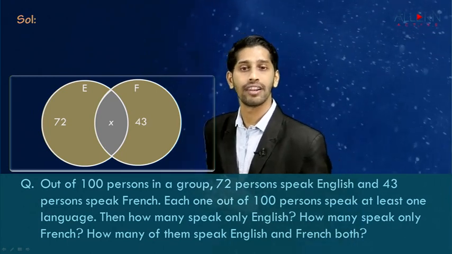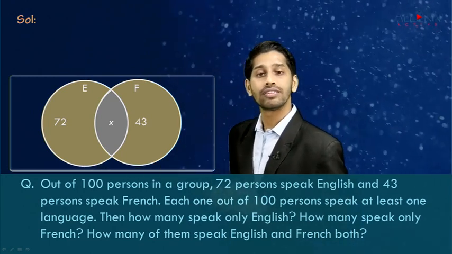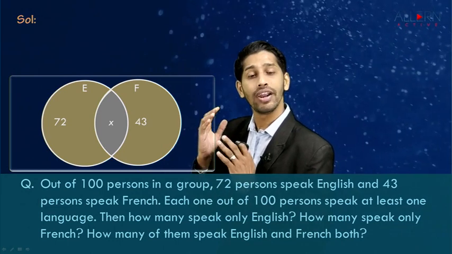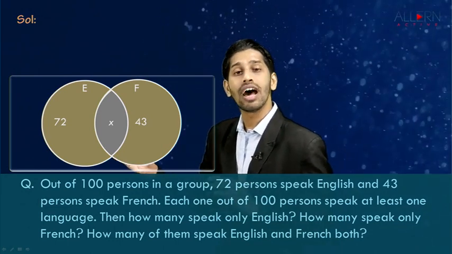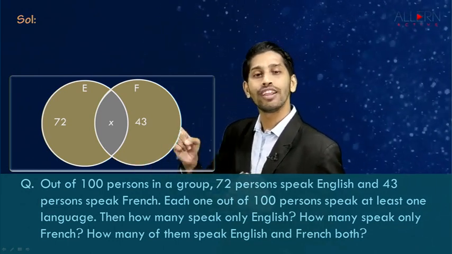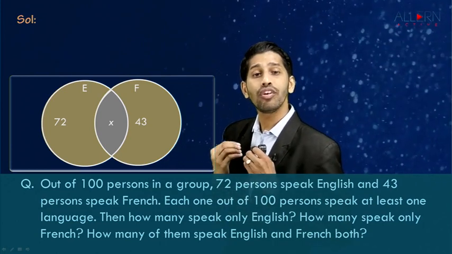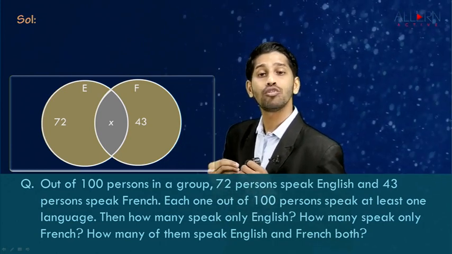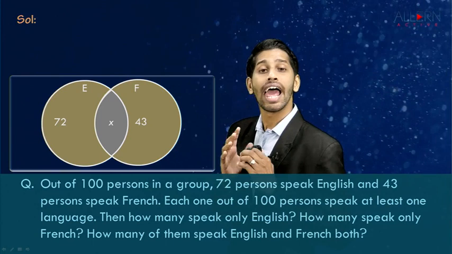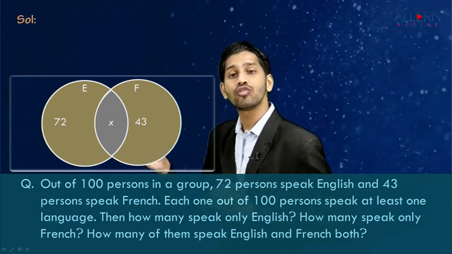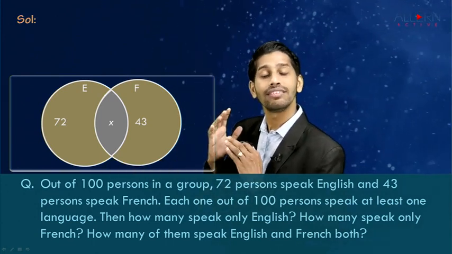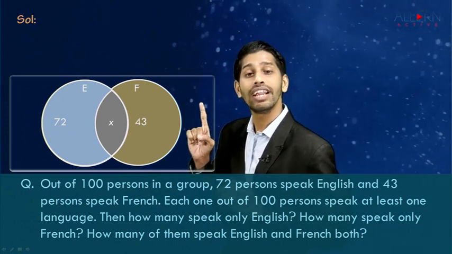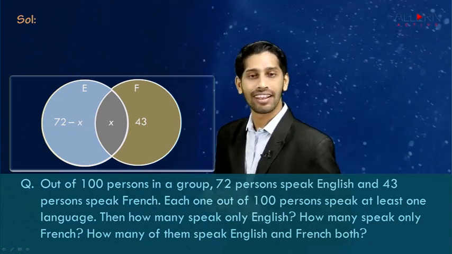Now let's understand. 72 persons speak English, but out of these 72, x persons are those who speak French also. That means if we want to find how many persons speak only English, we'll have to subtract x from 72. That 72 will become 72 minus x.